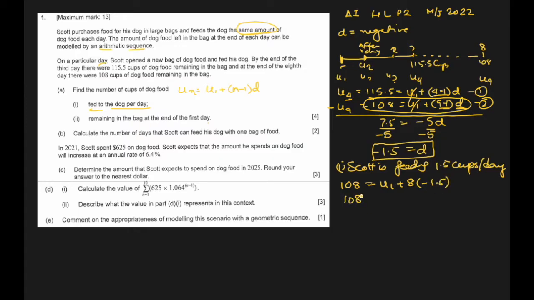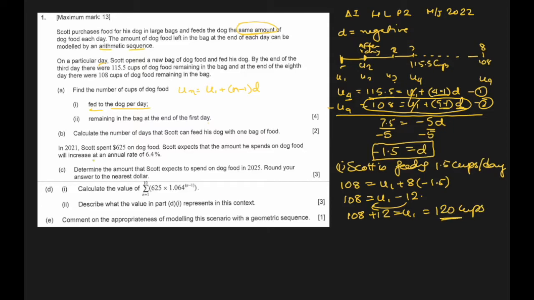So 108 equal to U1 minus 12. We can bring this 12 to the left, so it becomes 108 plus 12 equal to U1, which is 120 cups.